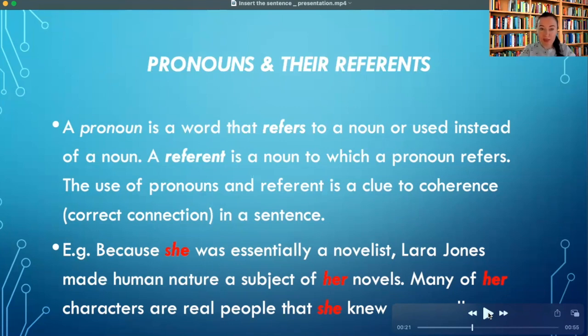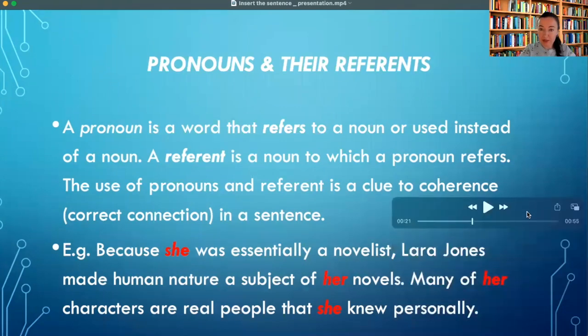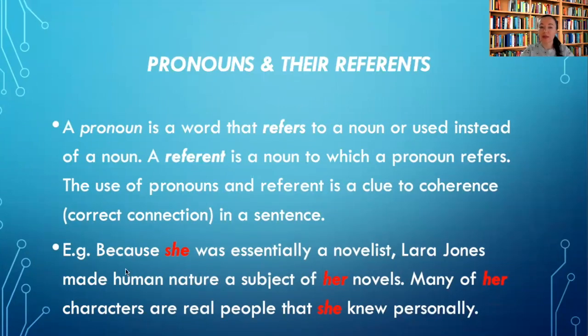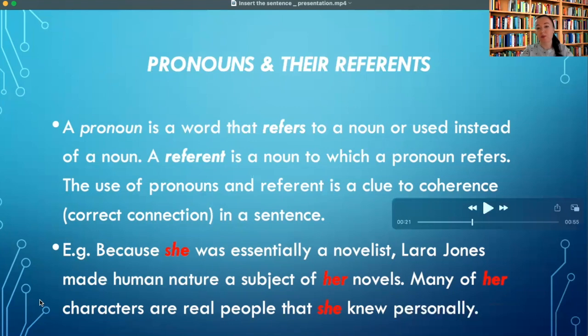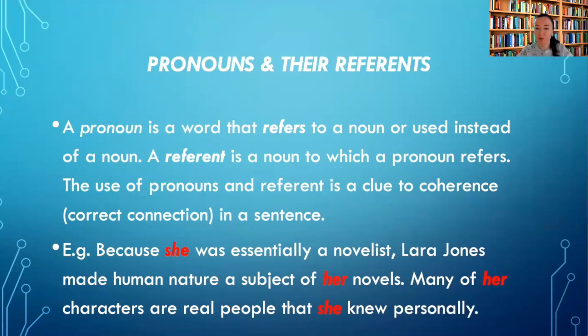Let's have a look at the sentence below here and see what I mean by all these words like reference and pronouns. So our example sentence says, because she was essentially a novelist, Lara Jones made human nature a subject of her novels. Many of her characters are real people that she knew personally.